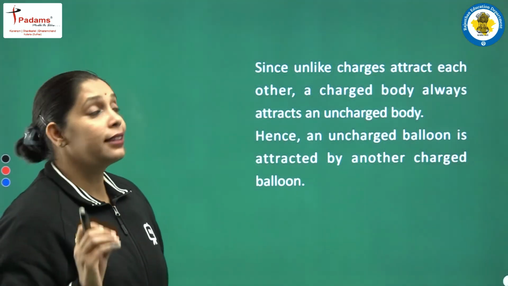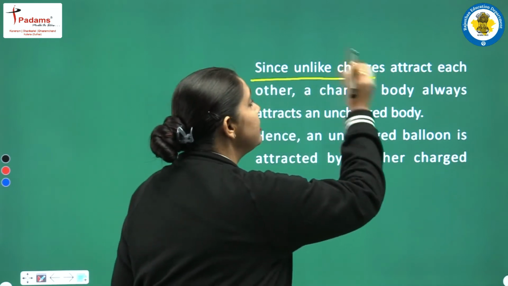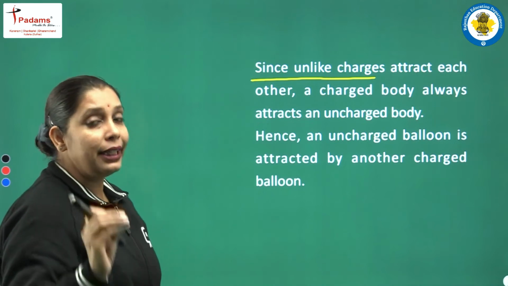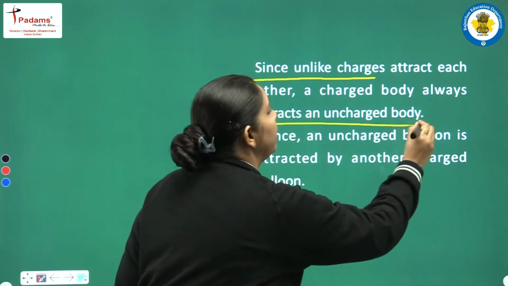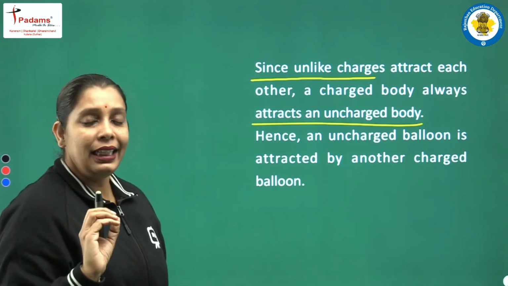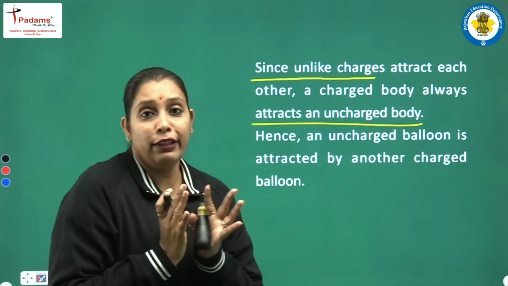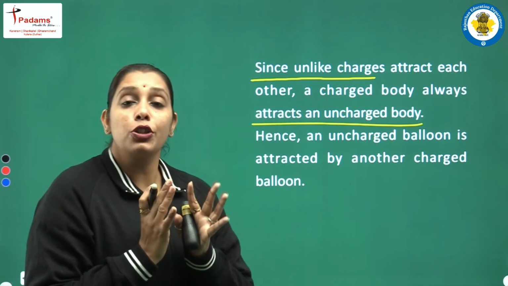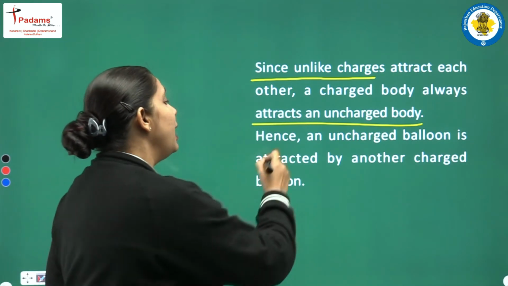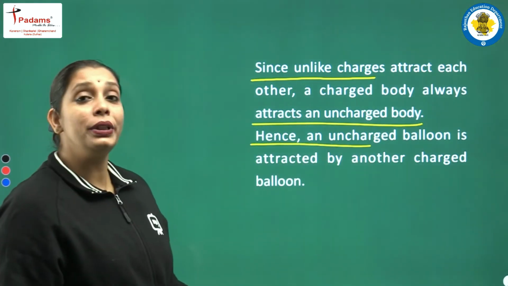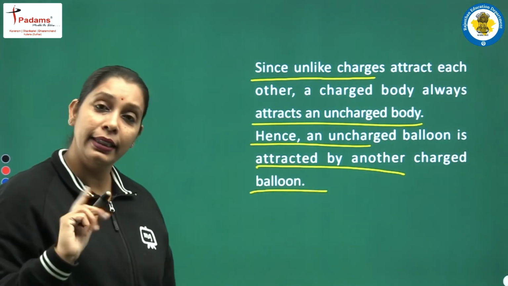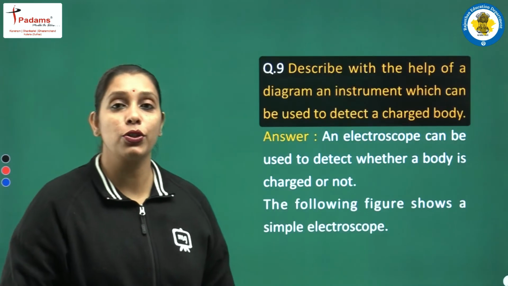And class 8, that's why, since unlike charges attract each other, a charged body always attracts an uncharged body. Understood? That is why two inflated charged balloons repel each other. Clear? Hence, an uncharged balloon is attracted by another charged balloon. Is it clear, everyone? Move to the next question.